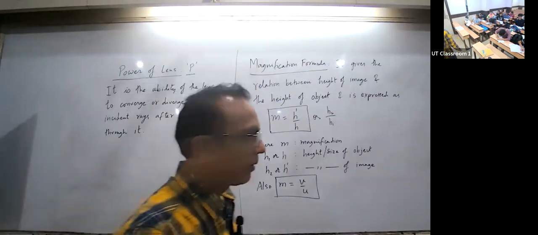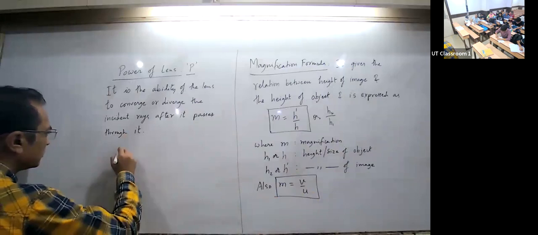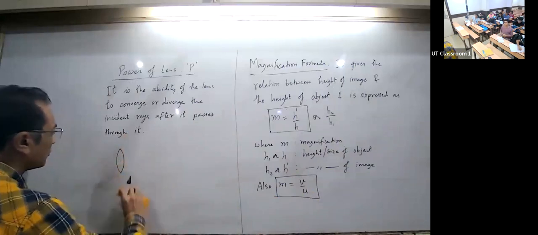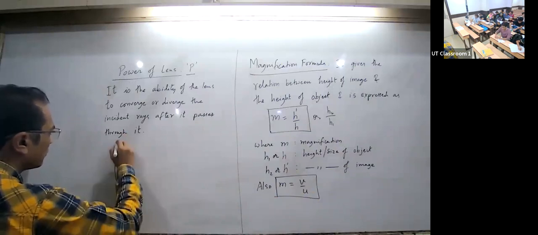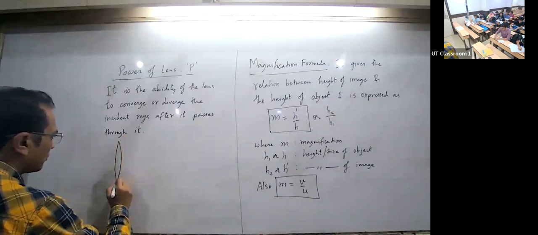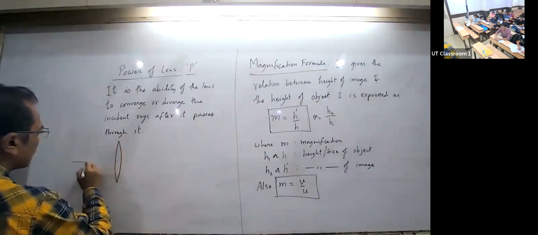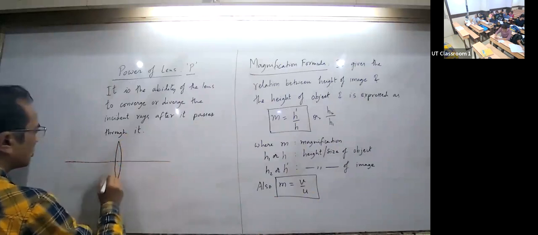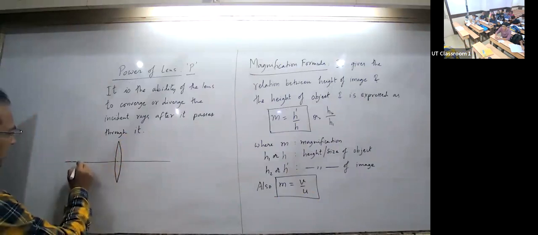Okay? So for example, if I give you... when the lens is thin, its curvature is less.